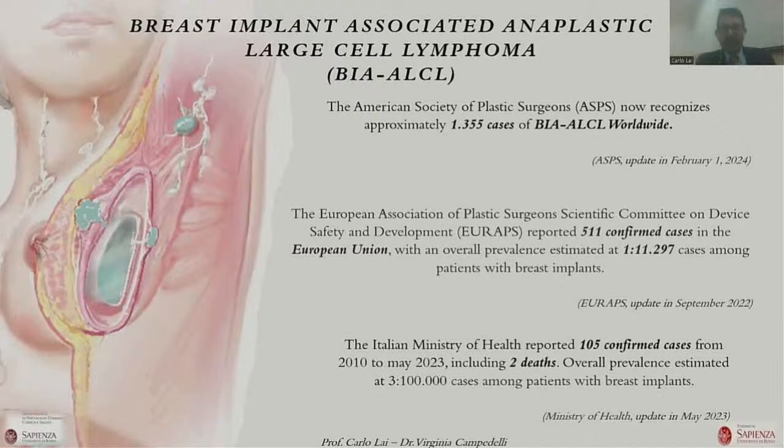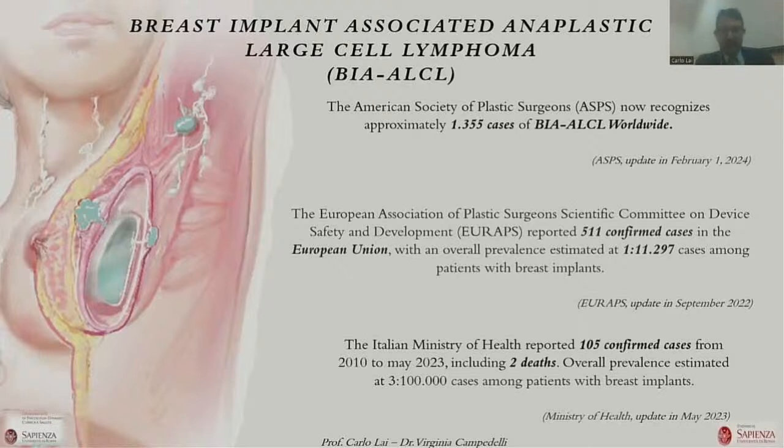The European Association reports 511 confirmed cases, and in Italy we have only 105 confirmed cases from 2010 to 2023, including 2 reported deaths due to the lymphoma. So we can see from these data that the prevalence is very different in the world.